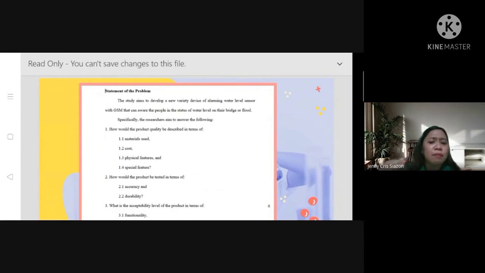How would the product be tested in terms of accuracy and durability? So what is the acceptability level of the product in terms of functionality? Okay, so makikita natin na talaga namang nakahimay no yung mga bawat problema na kailangan natin sa research.